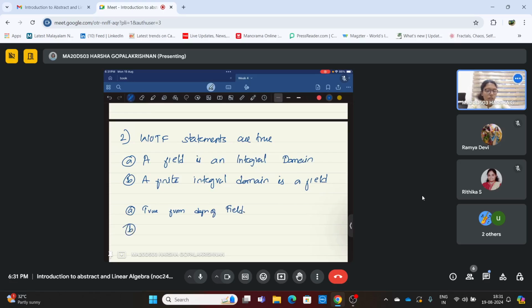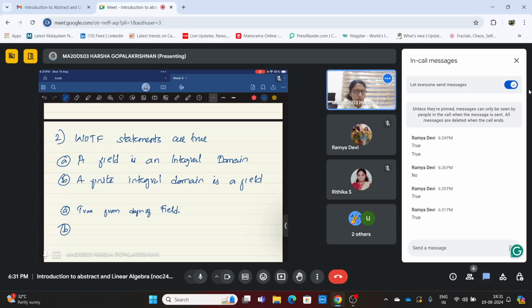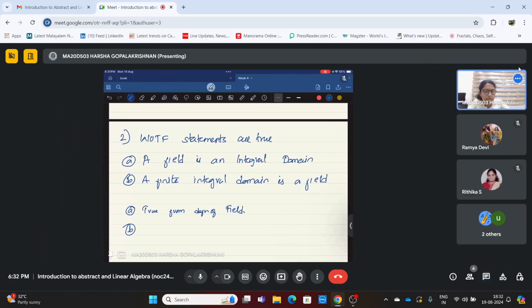Now we will move to the second one. A finite integral domain is a field. Is this true or false? In general, I am asking, leave aside the finite case, whether an integral domain is a field always.